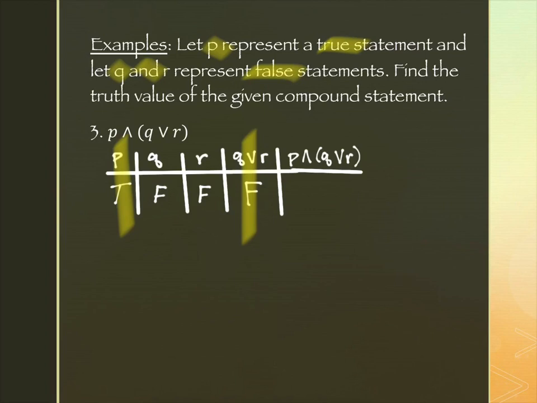This is a true statement, and this is a false statement. What is it being joined with? And. When is an and statement true? When they're both true. So what is this one? False. What if this had said an or statement on this one? It would actually be true on that, right? So my truth value for this statement is that it's false.